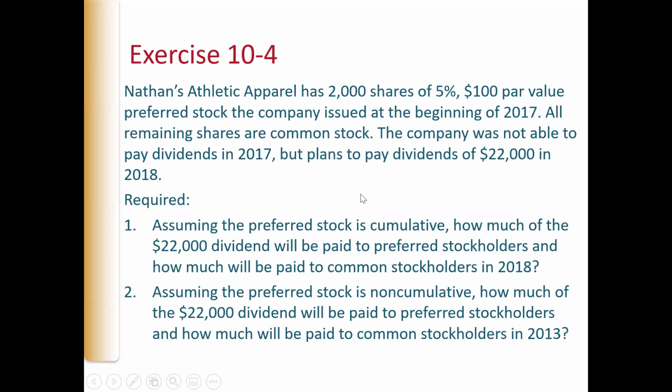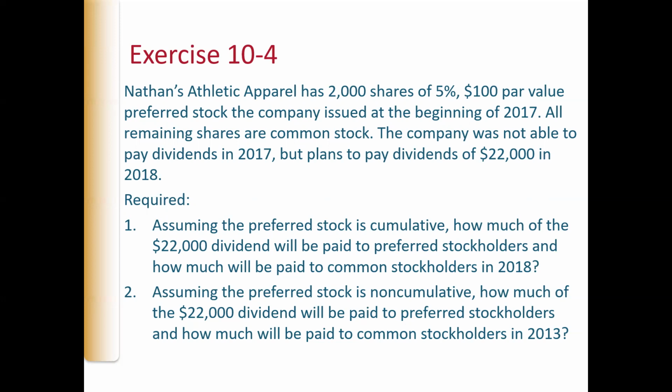Let's look at this problem. I'm going to give you probably 4 minutes to try to attempt it on your own before we go over it. Nathan's Athletic Apparel has 2,000 shares of 5% $100 par value preferred stock. The company issued it at the beginning of 2017. All remaining shares are common stock. The company was not able to pay dividends in 2017, but plans to pay dividends of $22,000 in 2018.